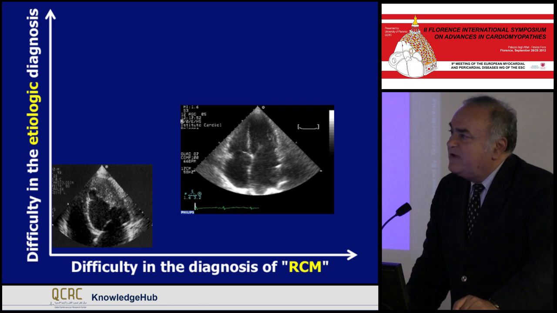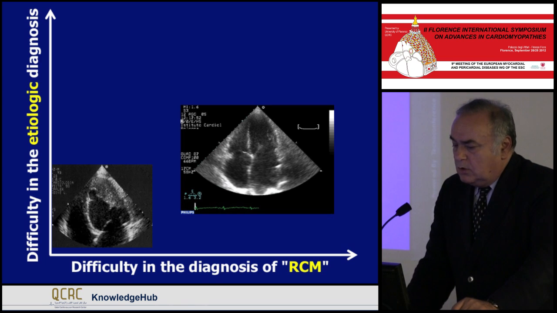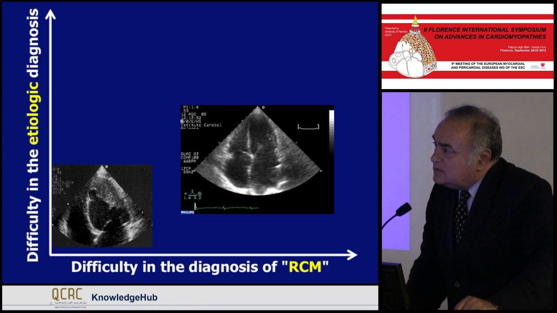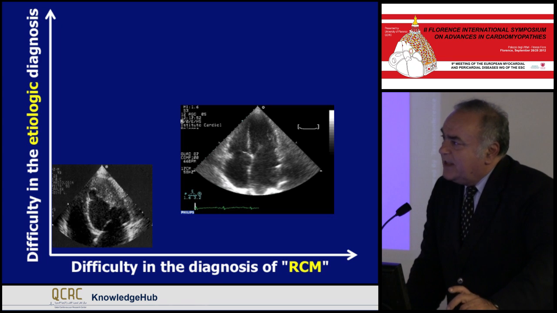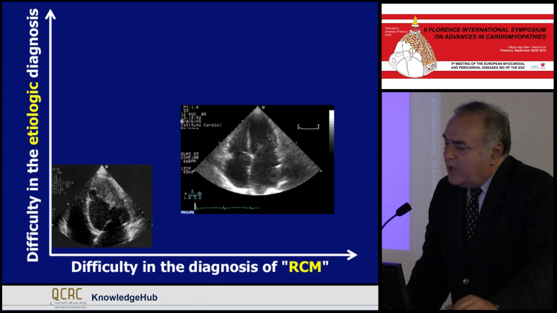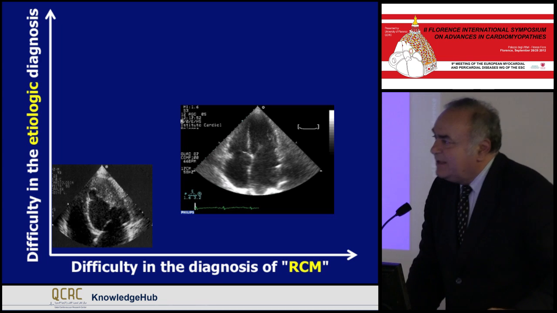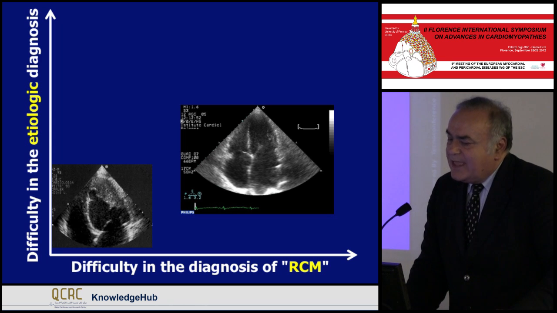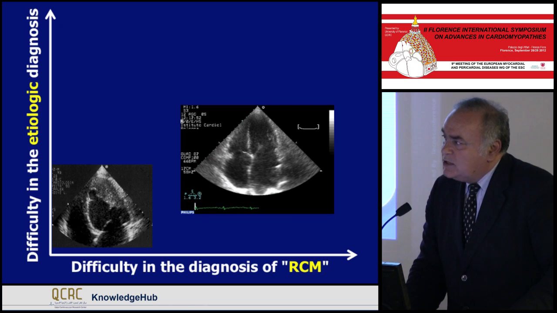In the case, for example, of endomyocardial fibrosis, it's very easy to be sure that a cardiomyopathy is present, and it's absolutely easy to make the differential diagnosis. The situation is different if we consider, for example, idiopathic restrictive cardiomyopathy. Here, it's relatively difficult to be sure that a restrictive cardiomyopathy is present, and also the etiologic diagnosis can be problematic and challenging.